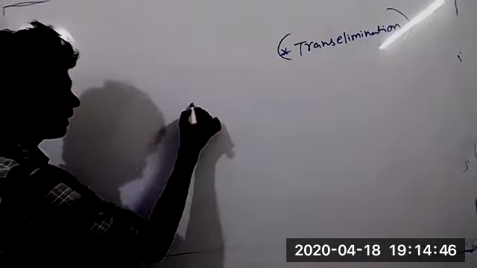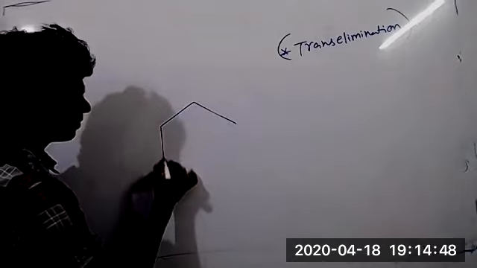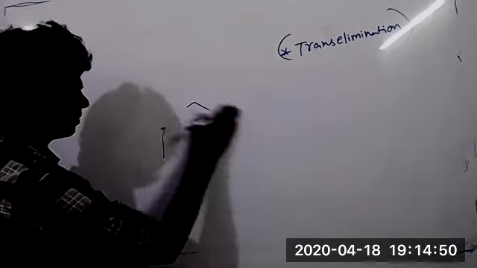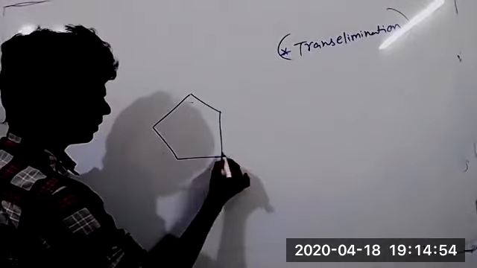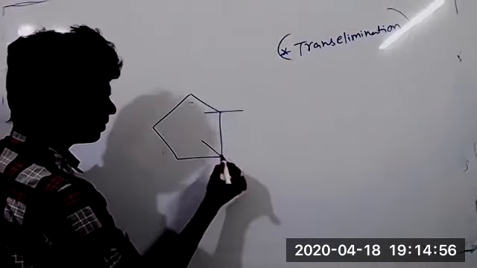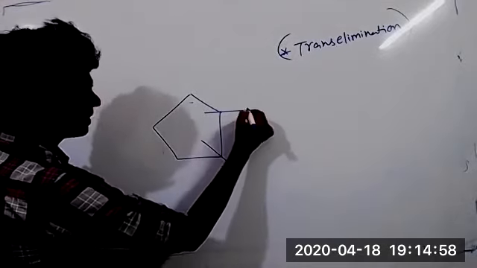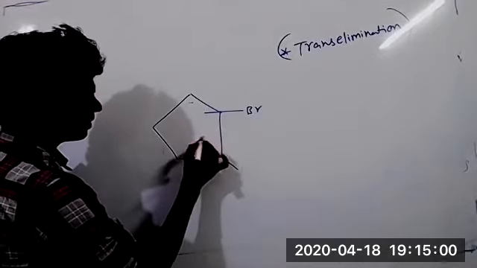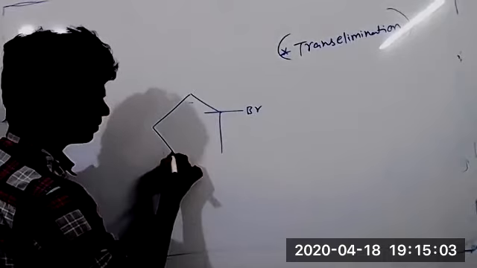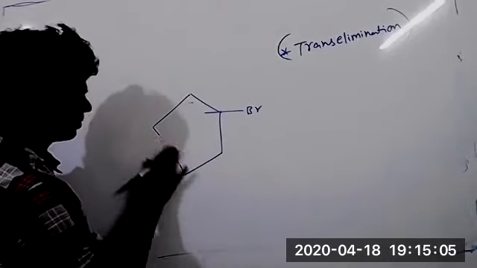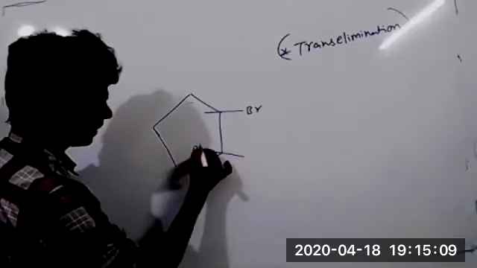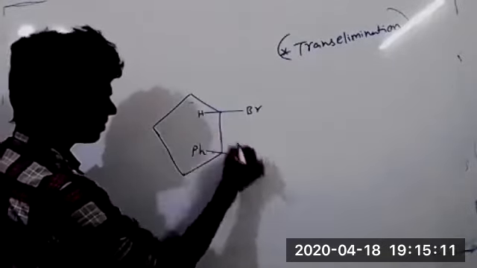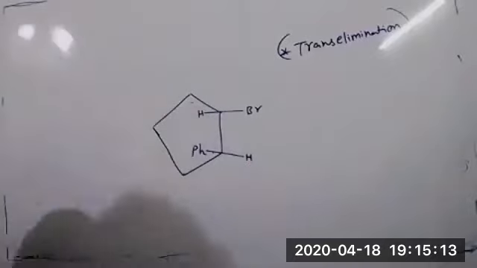This reactant is trans 2-phenyl 1-bromocyclopentane. Here is the bromine, here the phenyl, and here hydrogen atoms are present. This is the reactant.